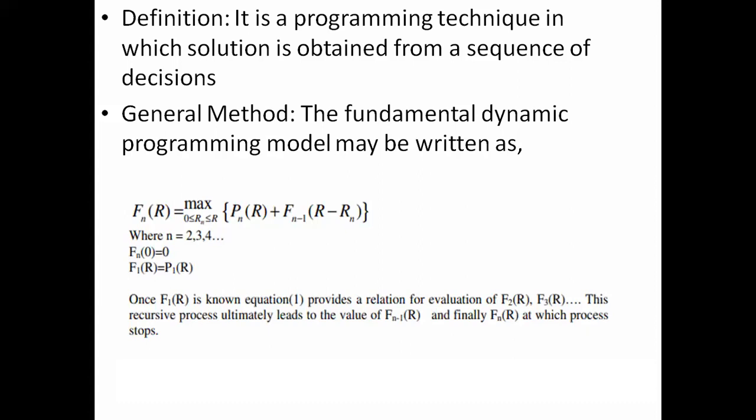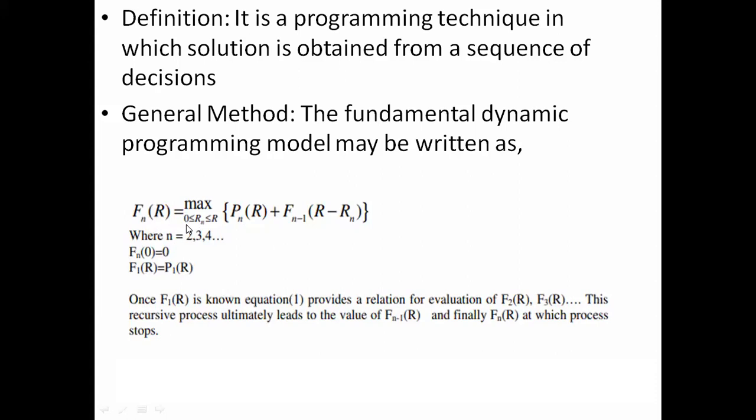This sequence of decisions is F1, F2, F3 like that, up to Fn minus 1. Okay. So this is the formula for the general method, the fundamental dynamic programming model.